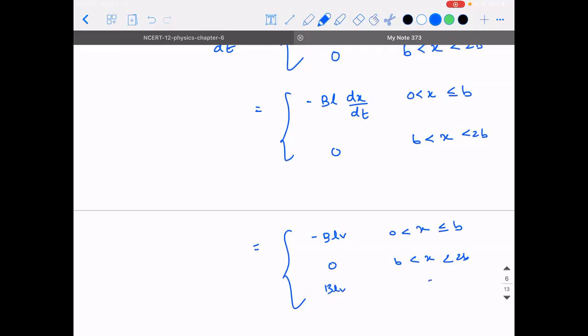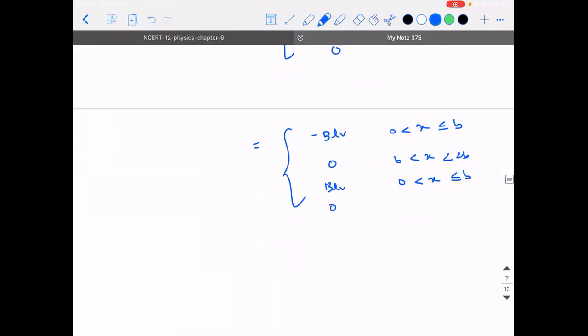It is BLB when the value of x is greater than 0, less than or equal to B. 0 when the value of x is greater than B and less than 2B.